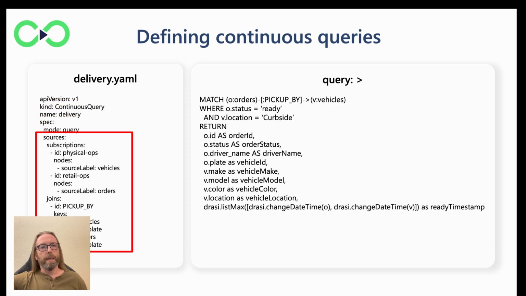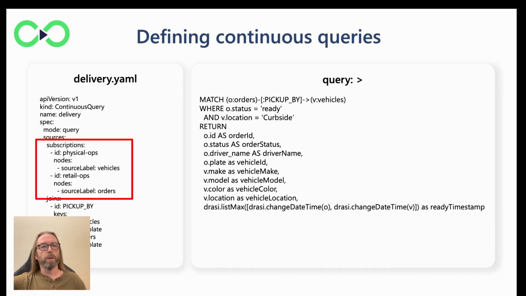Here, in this sources section of a continuous query definition, it's describing to the Drasi runtime all of the sources that this continuous query wants to subscribe to and identifying where across those sources the nodes and the relations that are used in the query come from.